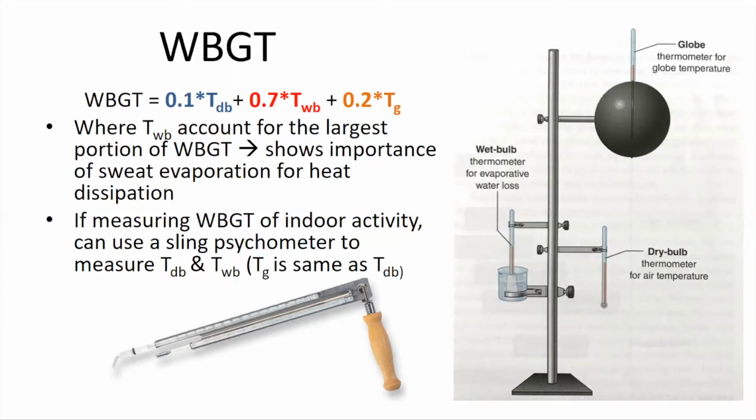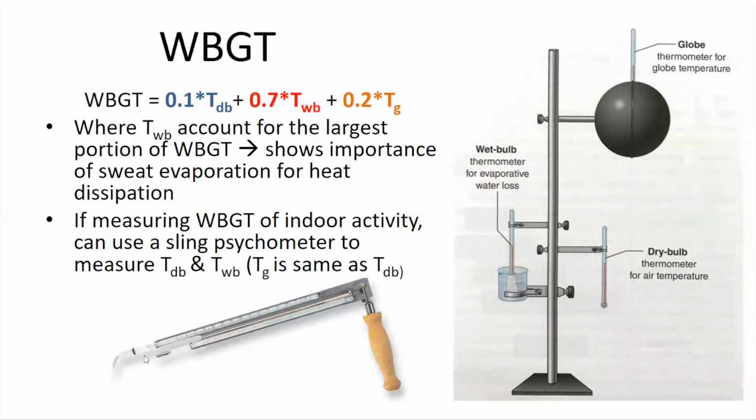And the way you would determine this is using something called a sling psychrometer. This is a sling psychrometer down here. And what it is, is a thermometer with some sort of gauze that we can wet at the end. And it's held on a handle which can be spun around.